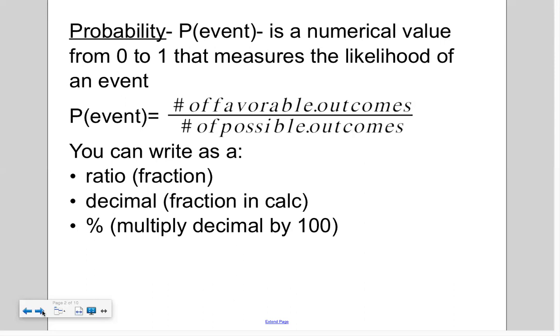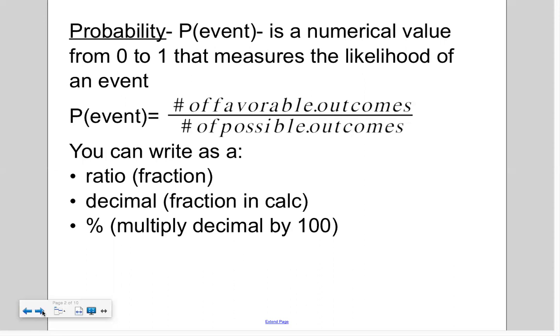Probability's definition is a numeric value from 0 to 1 that measures the likelihood of an event. We always measure it by the number of favorable outcomes over the number of possible outcomes. Now, we say 0 to 1, but a lot of times we use fractions that represent the numbers between 0 and 1, or percents.